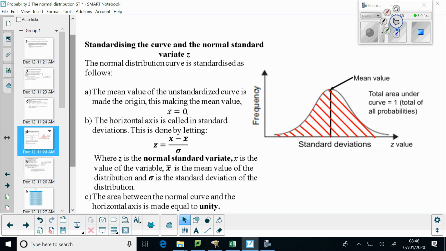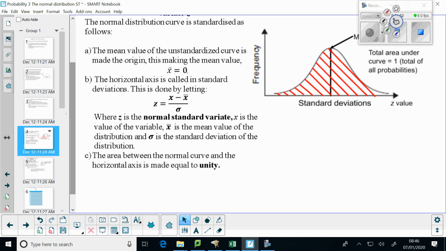We take away the mean value and we divide by the standard deviation. We get the Z value, which is the normal standard variate. Okay, and this will all become much clearer when we look at an example.